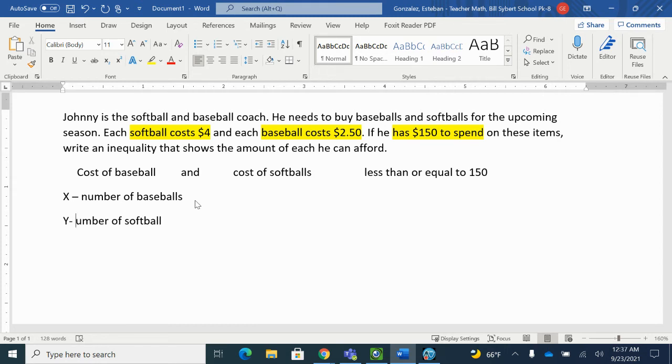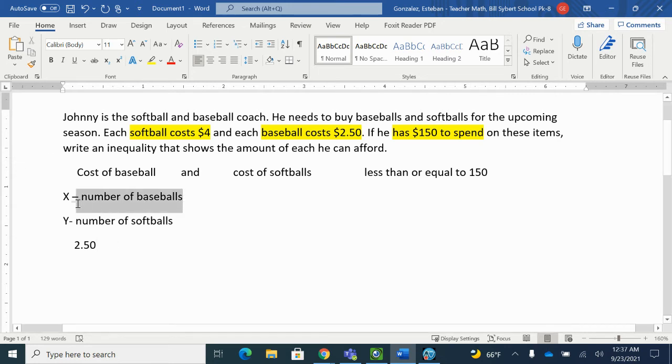Now I can actually sit here and make my equation. How do we find the cost of baseballs? Well, the cost of baseballs is $2.50 times the number of baseballs that I'm buying. Do I know how many baseballs I'm buying? No. But I do know that the variable x represents the number of baseballs. So it's $2.50 times x. I want to put the times sign here just so you see it.